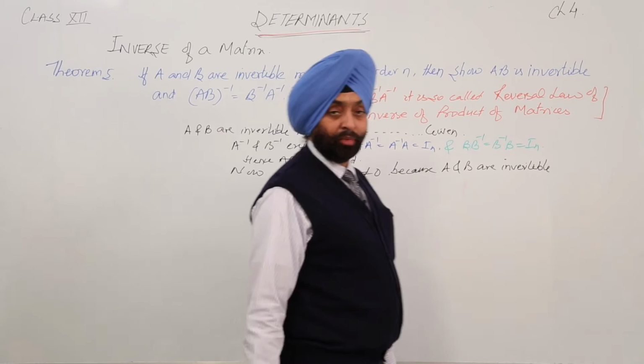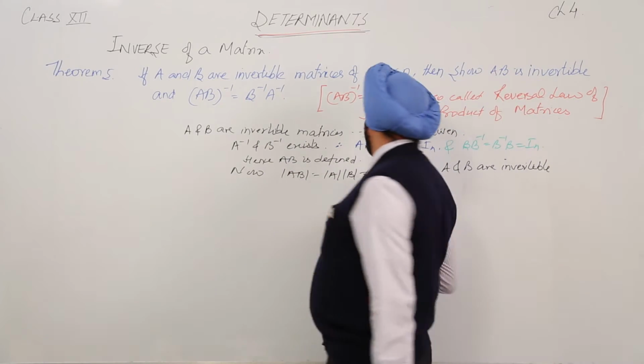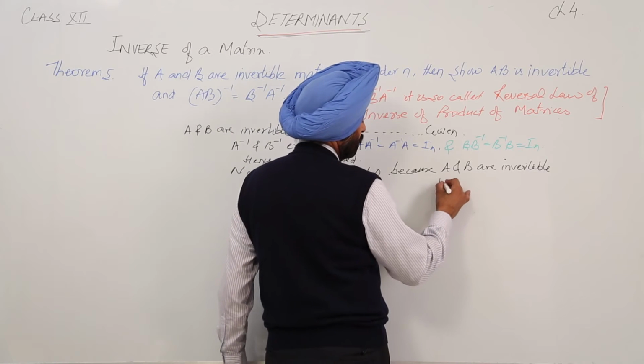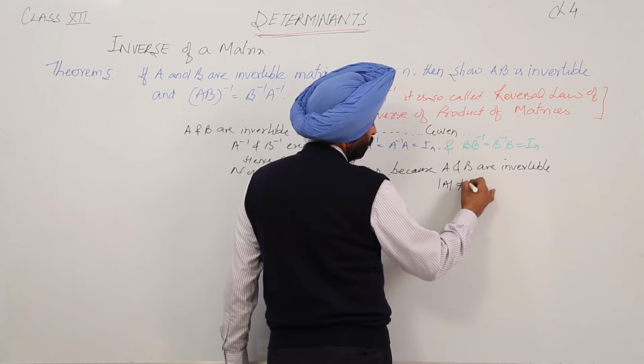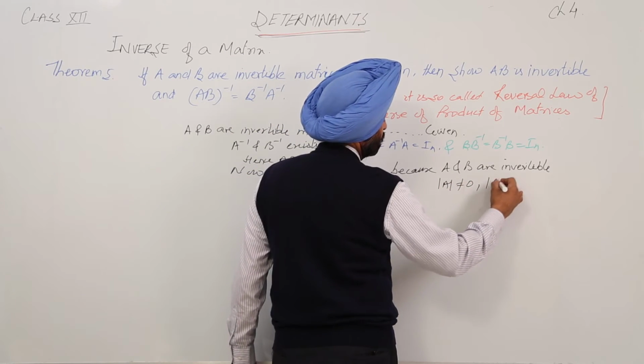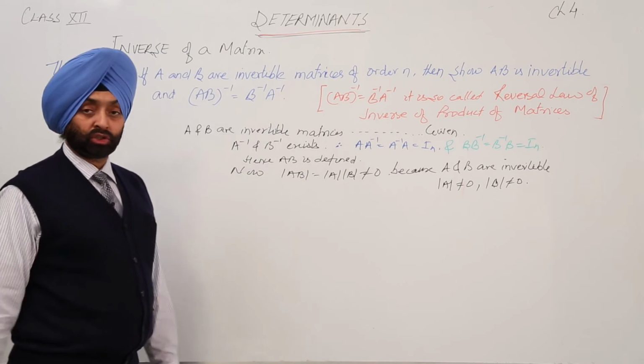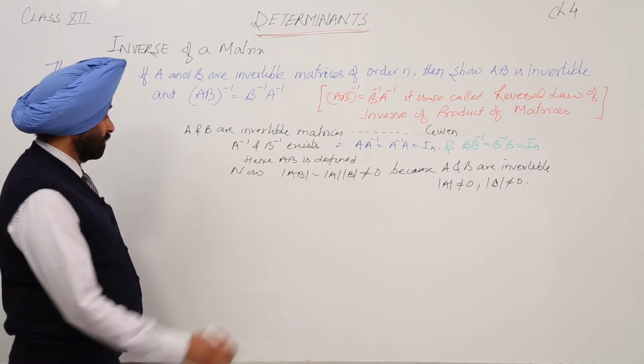Now this shows that neither determinant of A nor determinant of B is 0. So we can write determinant of A is not equal to 0, determinant of B is not equal to 0. So this shows AB is invertible.